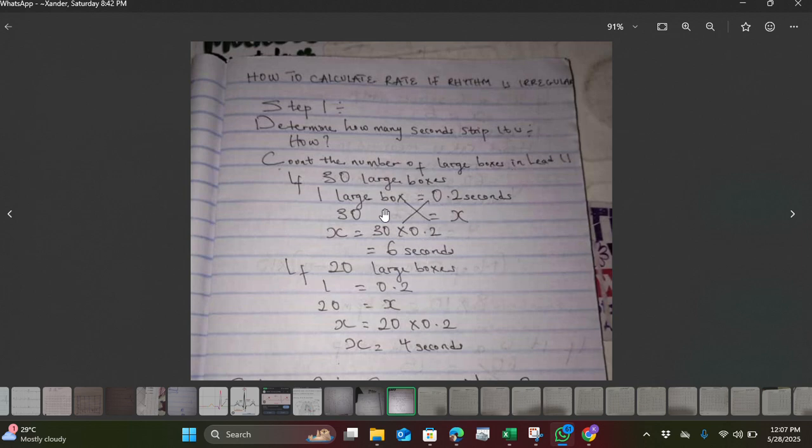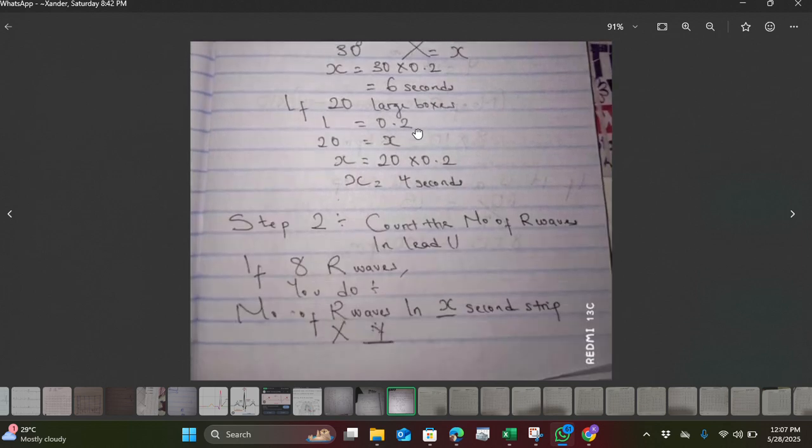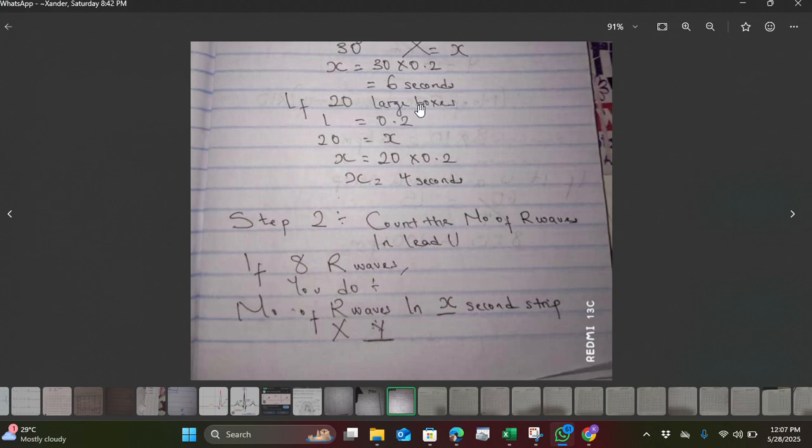So it is a 6-second strip. 30 large boxes that you counted times 0.2. If it's 50 times 0.2, if it's 100 times 0.2. Now if it's 20 large boxes, it's going to be 20 times 0.2, which is 4 seconds. That's how many seconds the strip is. So for the 30 large boxes, we have a 6-second strip. For 20 large boxes, a 4-second strip.